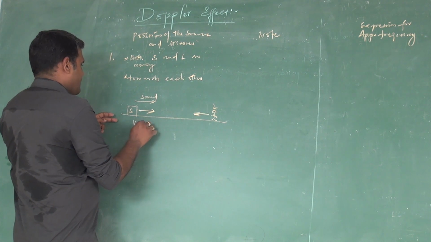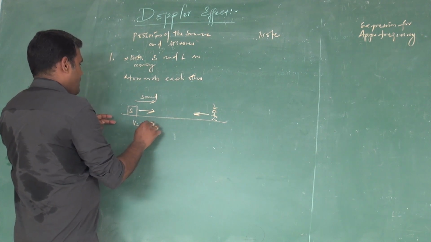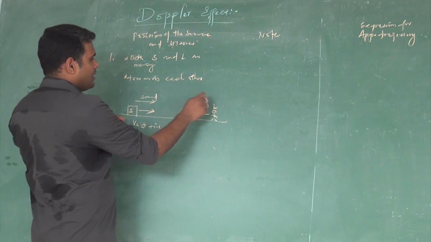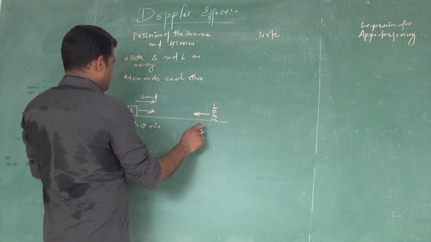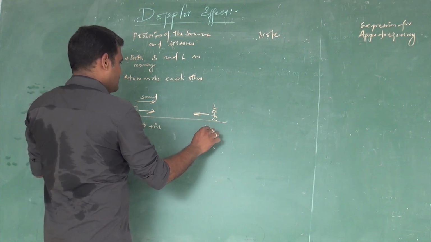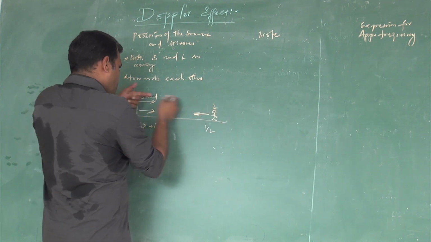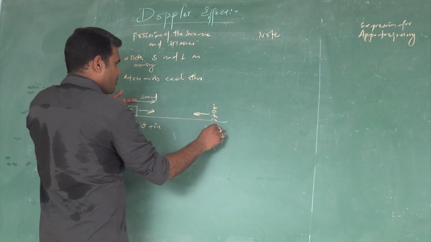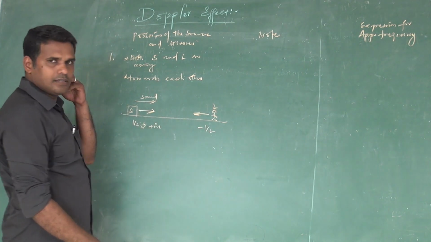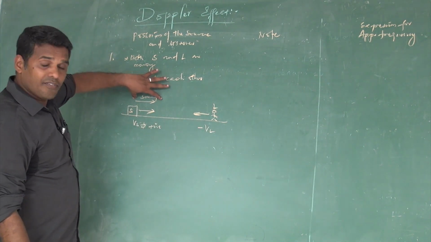So Vs is taken positive. And then we can say velocity of the listener here is moving opposite to the direction of propagation of sound. So VL is negative. Sound is the reference here.